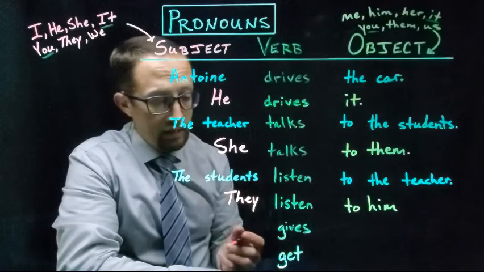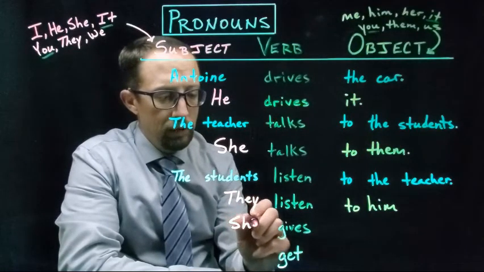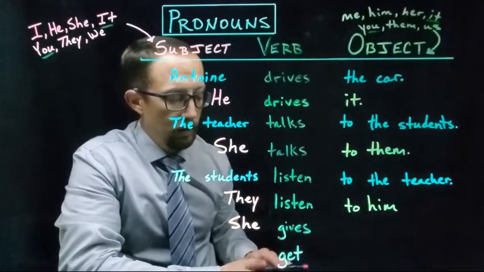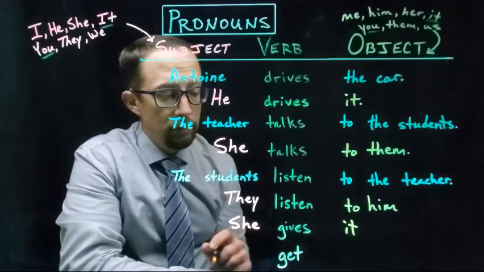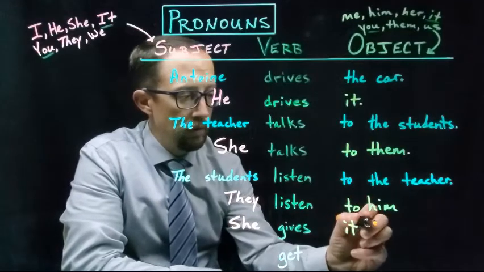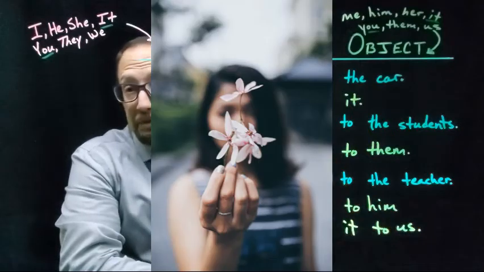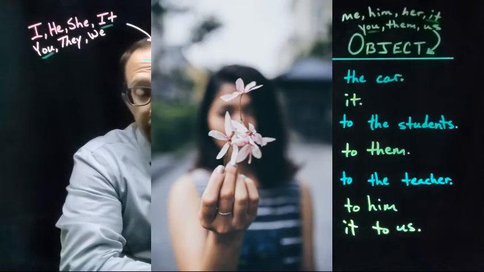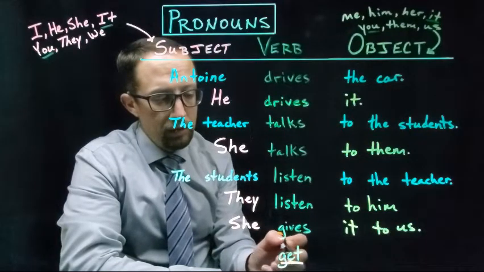Let's try the next example. She gives it to us. She gives it to us. But let's change the verb.